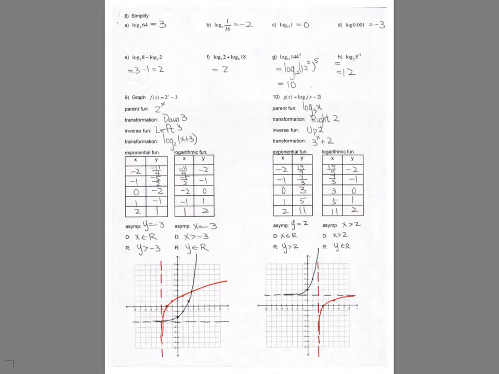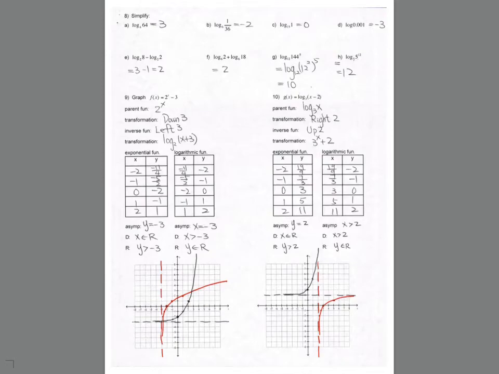Number 9 and number 10. We practiced quite a few of these questions during our lessons, from exponential functions to logarithm functions, and from logarithms back to exponential functions. I mentioned in the inverse, because it's being reflected across the y equals x line, whenever you see moving right in the original function, that means it's going to be moving up for the inverse function.